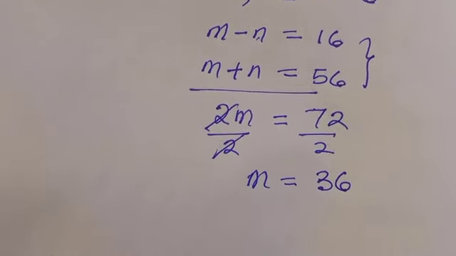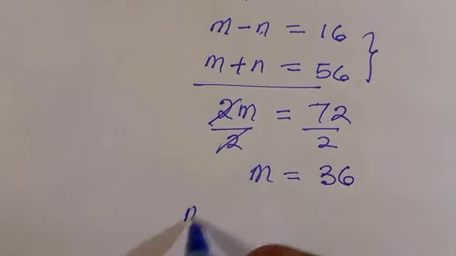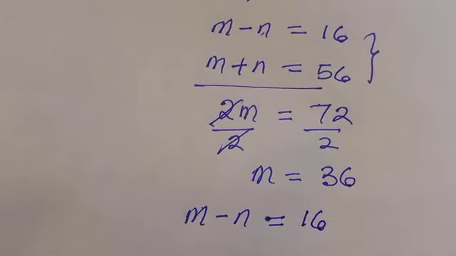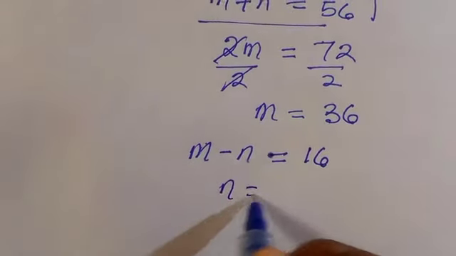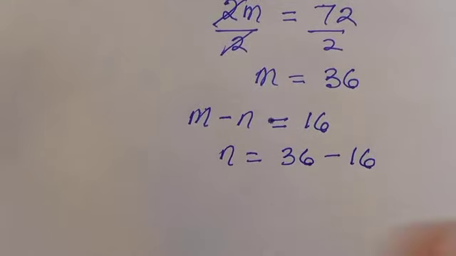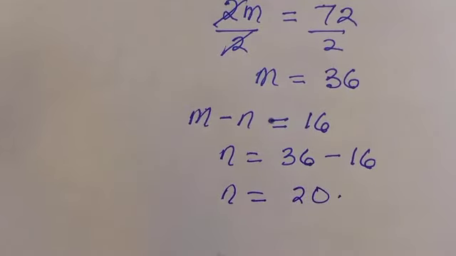To get n, we recall from any of these equations. Taking m minus n equals 16 and substituting m, we have n equals 36 minus 16, so n equals 20. So m equals 36, n equals 20.